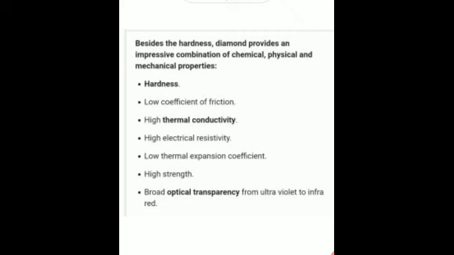And it is transparent and colorless just because of the presence of certain impurities. Colored diamonds are also found. It has a high density of 3.5 gram per cc, or centimeter cube. This is the density of diamond, and this is due to the rigid structure of diamond.